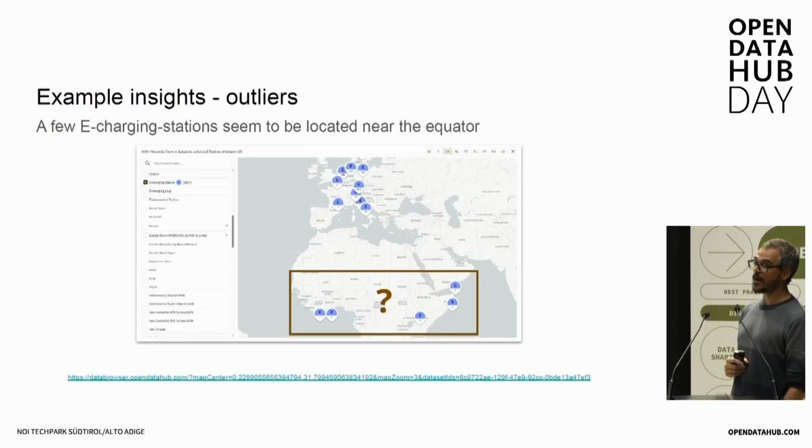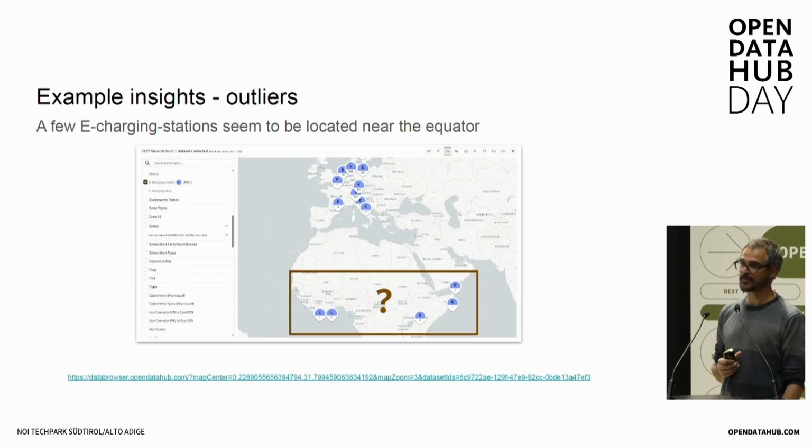And we see that there are some outliers that seem to be located near the equator. And if you take a deeper look into those data sets, you see that those are from some testing stuff. I don't know where they really are from, but yeah. And that's one example where visualization helps to improve data quality or find such errors.